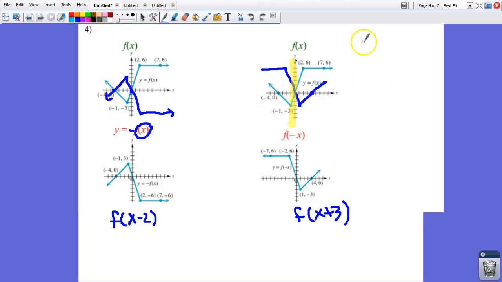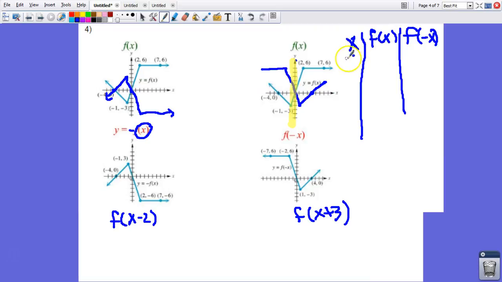You can also make a table, like with my original input, my original output, and then my f of negative x. So here, negative 4, 0, okay?